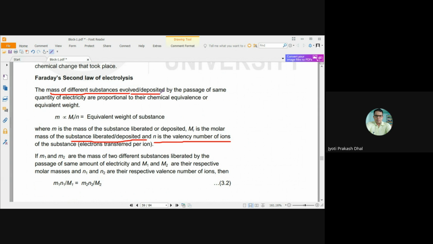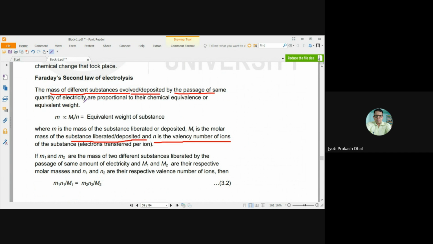If the substance is gaseous, it is evolved, and if it is a solid substance, it is deposited. So the mass of the different substances evolved or deposited by passage of the same quantity of electricity, that is, if different cells are connected in series, the same quantity of electricity will pass through the different cells.